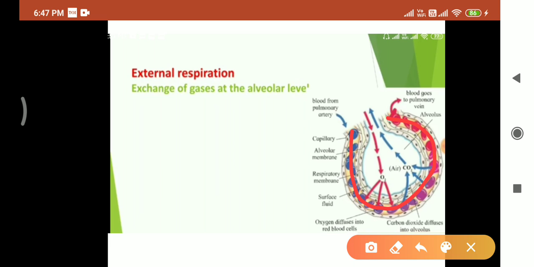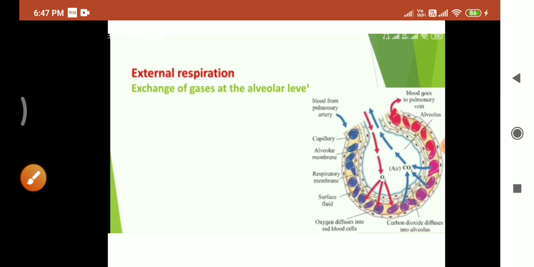This is the alveolus. So what do you study here? Exchange of gases at the alveolar level, that is called external respiration. When it goes inside the tissue, that is internal respiration.